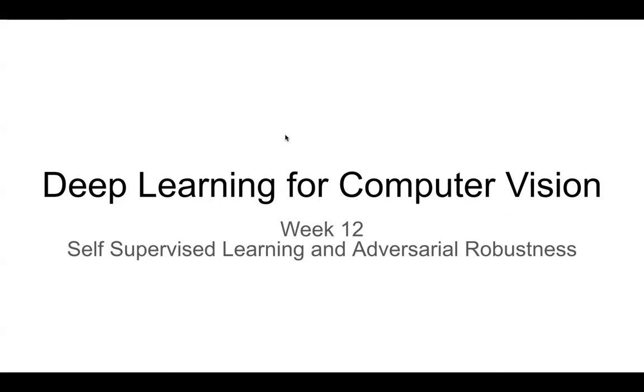Before starting with the discussion today, we will first go into the details of different types of learning. When you think of any machine learning paradigm, the first thing that comes to mind is supervised learning.